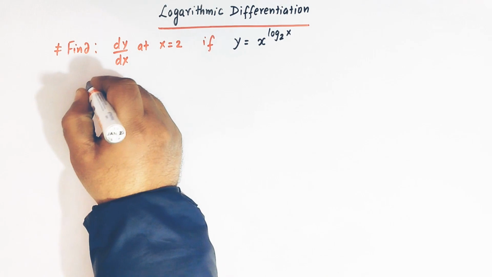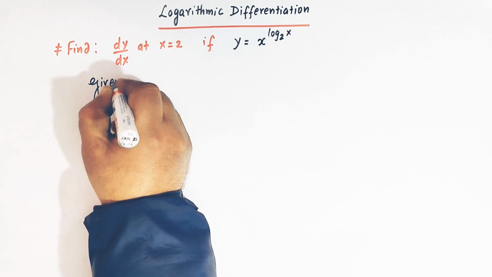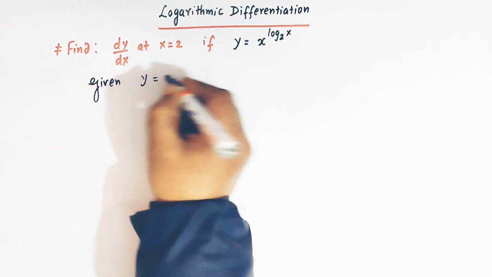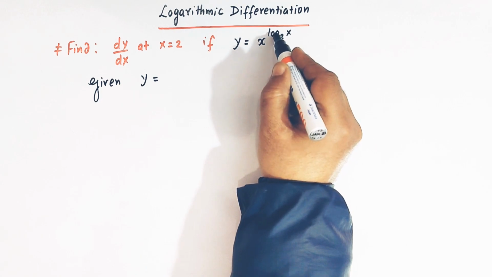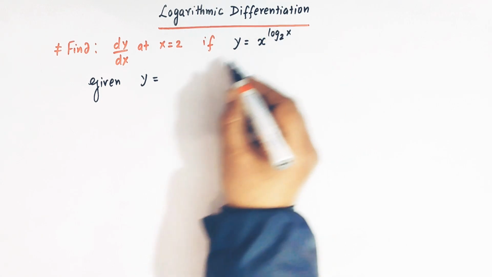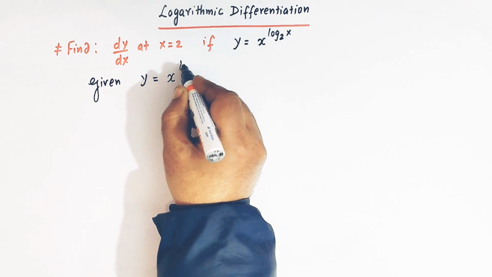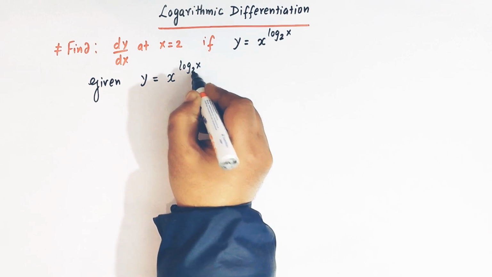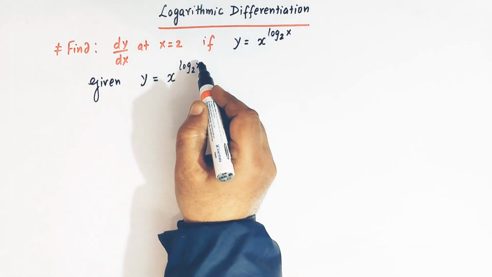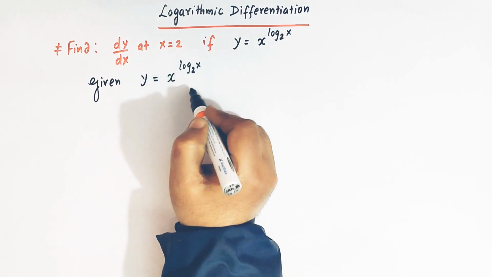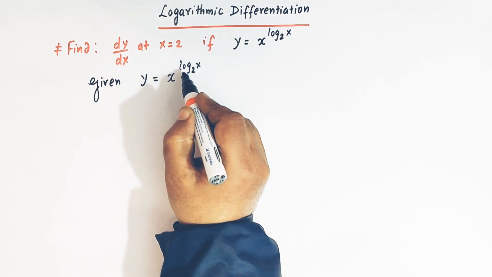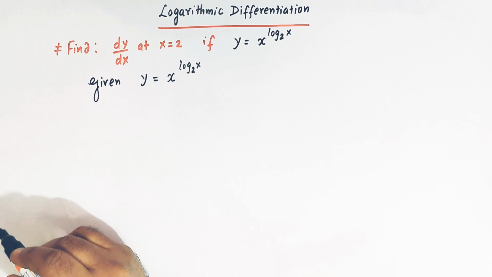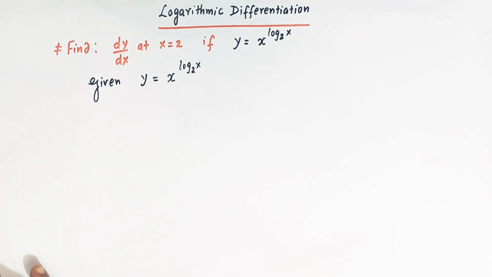Now see, here we are given the function y in the form of x raised to some power. So we have x raised to log of x to the base 2. Whenever we have functions like this in which powers are involved, we make use of the technique of logarithms.